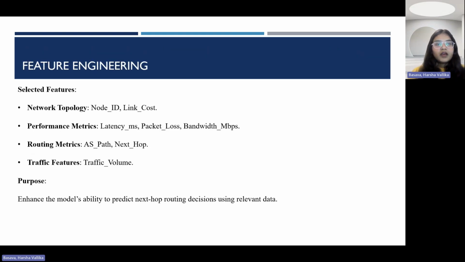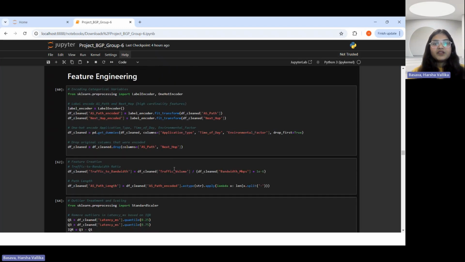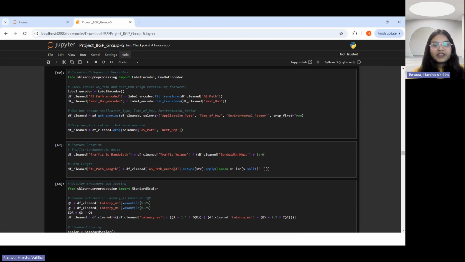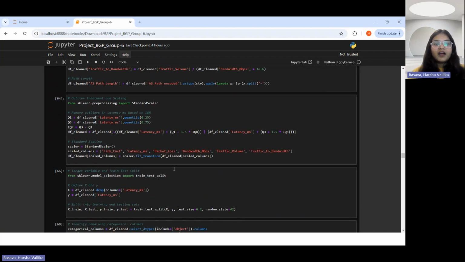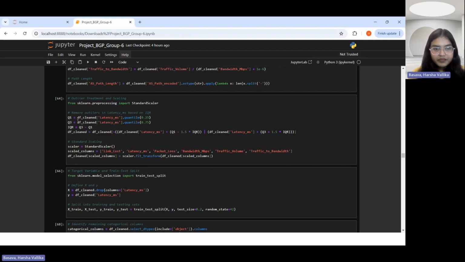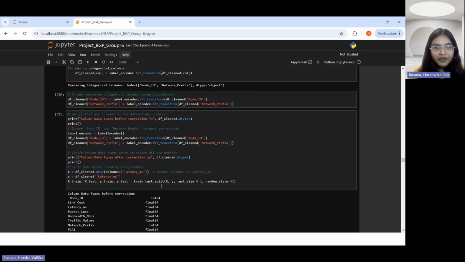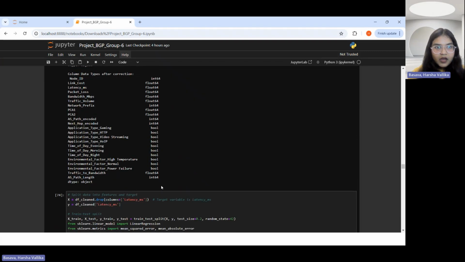The next step is feature engineering. As part of our feature engineering, firstly we found the interquartile ranges. Based on that, we have done certain calculations and come up with the selected features. Let me show you.